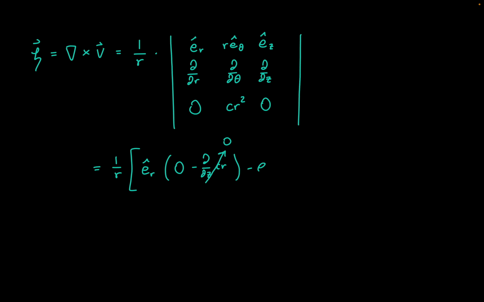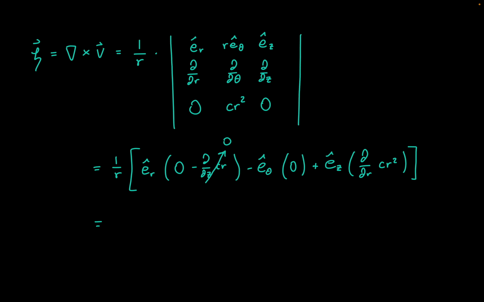And then we'll have minus e theta, and this will just be 0 because we have 0 times 0. And then we'll have our e sub z, but for this, we'll have partial of r times cr squared.